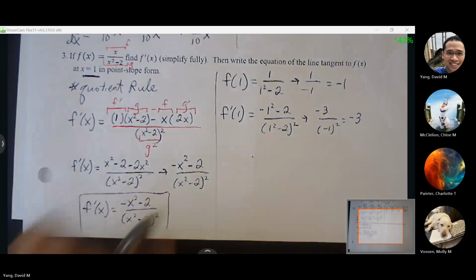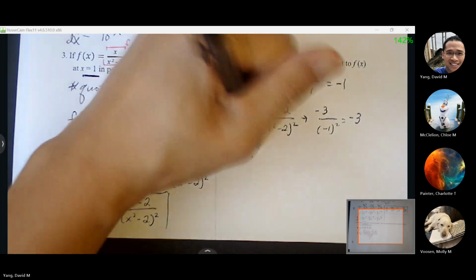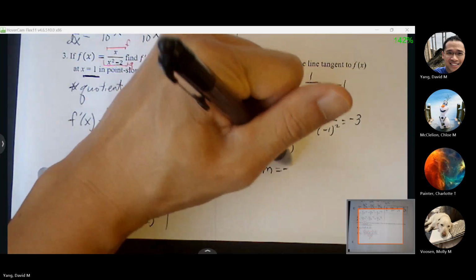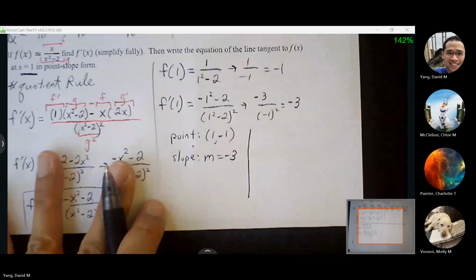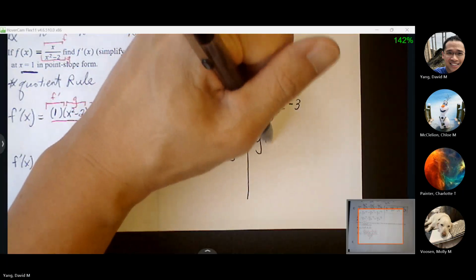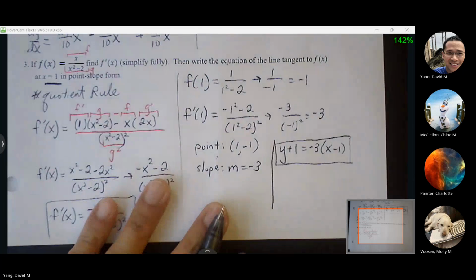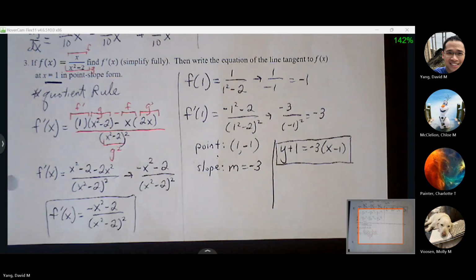There's my slope. Any questions with first page?